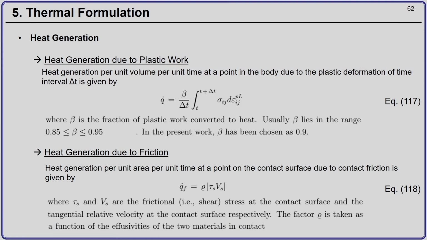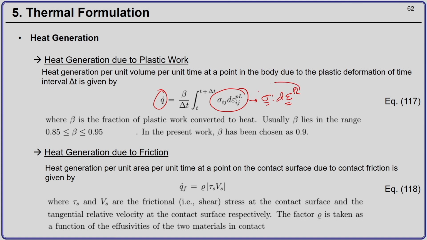Now, the heat generation term Q dot due to the plastic work is given by beta by delta T, integral from T to T plus delta T, of sigma contracted with the incremental plastic strain. So, you can write sigma d epsilon PL.